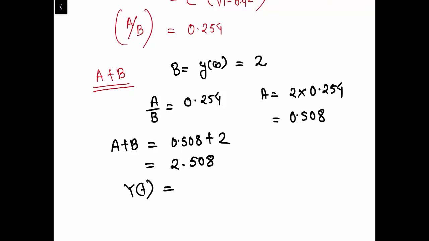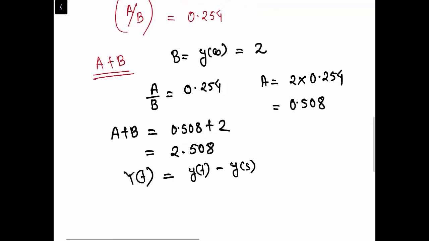This is the deviation from the steady state. So it is capital Y of t, which is nothing but small y of the new steady state minus the steady state. So what we want exactly is this value.